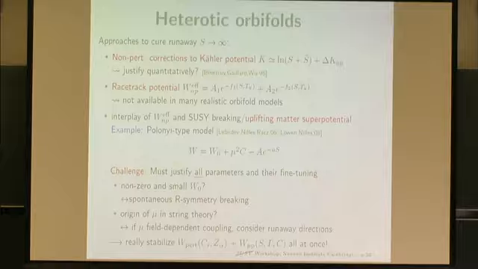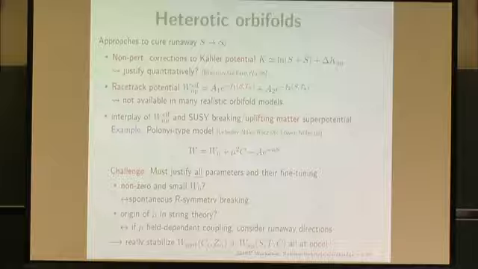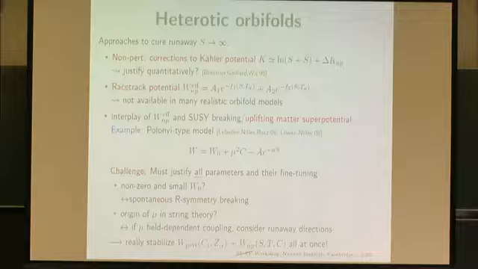One could consider a racetrack potential, so two such non-perturbative effects to balance each other. The only problem is that in some of these particularly beautiful orbifold models with a nice visible sector, one oftentimes doesn't have two condensing gauge groups but just one. So then just by inspection this option is not there. Or third, you could use an interplay of the gaugino condensate and other SUSY breaking or uplifting matter superpotentials.